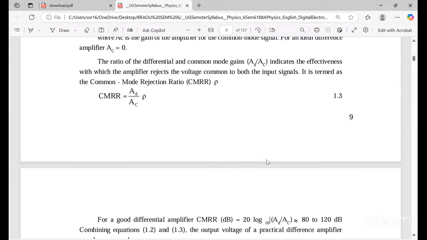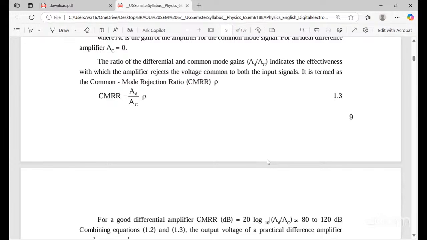The ratio of the differential and common mode gains, AD by AC, indicates the effectiveness with which the amplifier rejects the voltage common to both input signals. This is termed CMRR, or rho.